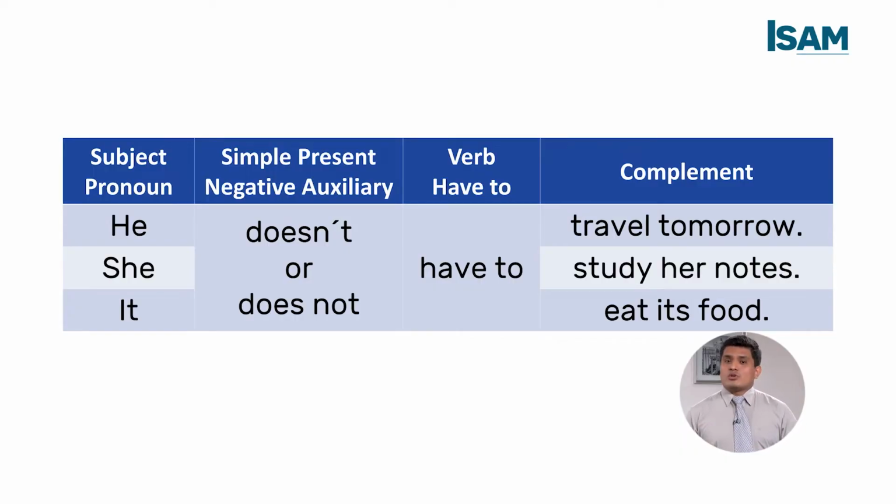If we are going to use the subject pronoun he, she, or it, our negative auxiliary will be doesn't. So we are going to say he doesn't have, she doesn't have, or it doesn't have, and we are going to complete our sentence.